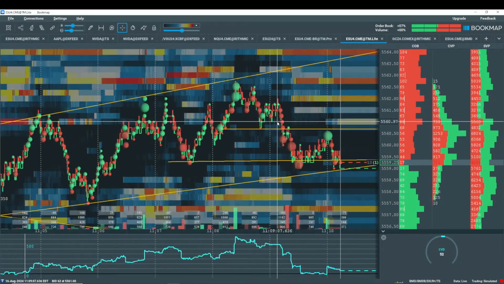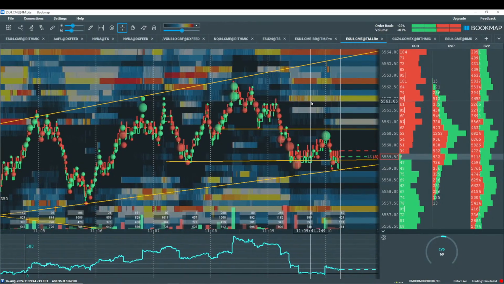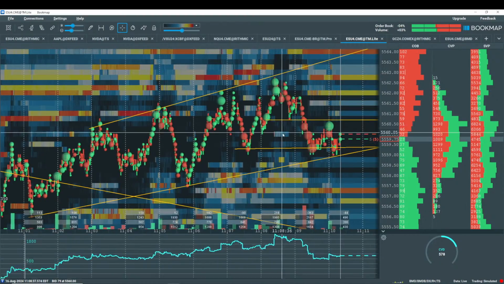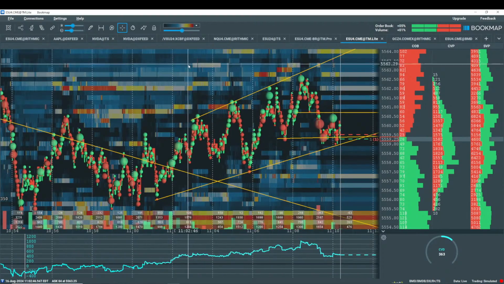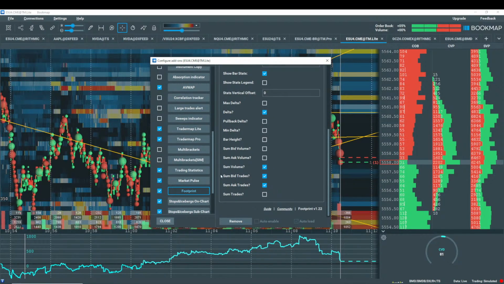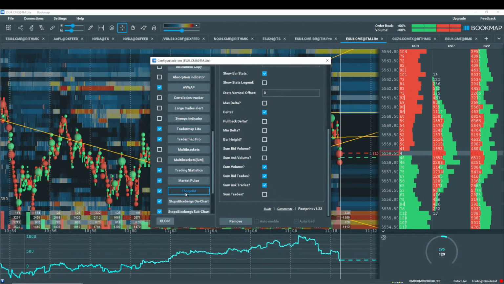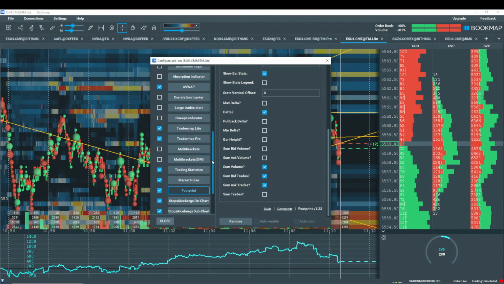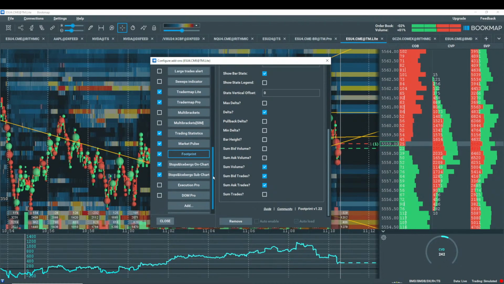All right, and let's take a look again here. Pace of tape, Hector had asked for. Let's add this one into the picture. So I'm going to go over the pace of tape here. We'll keep our footprint chart on. And this is the latest market pulse widget.